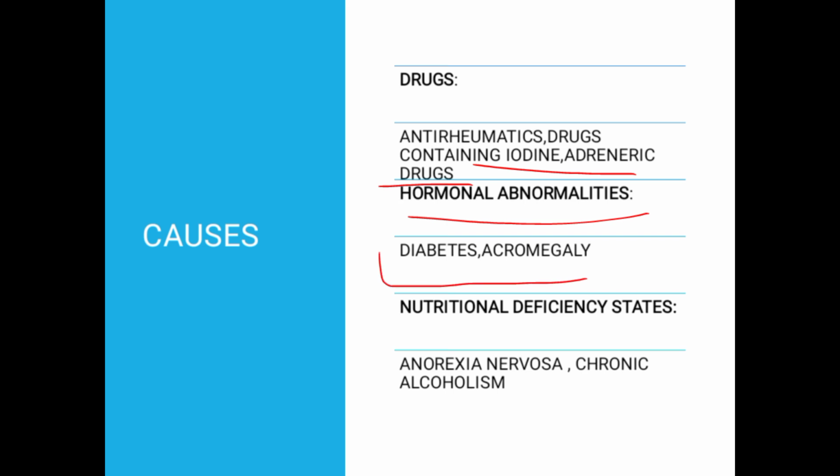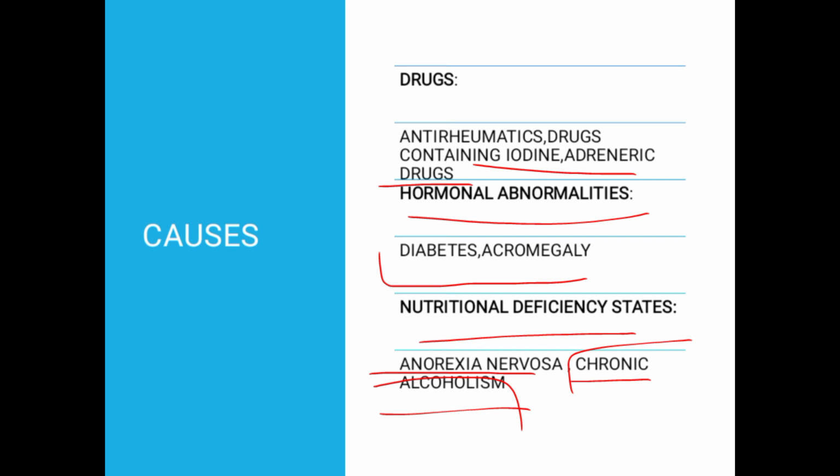If a diabetic patient says I have no pain, no swelling, no inflammation, but there is actually a swelling, that is it. It can also be nutritional deficiency, where the patient is suffering from anorexia nervosa, or chronic alcoholism. Very important point: if a patient comes with a swelling and says I have no pain and no inflammation, it is not even red, but you see a swelling, and he says I am a chronic alcoholic, then basically it is sialosis.